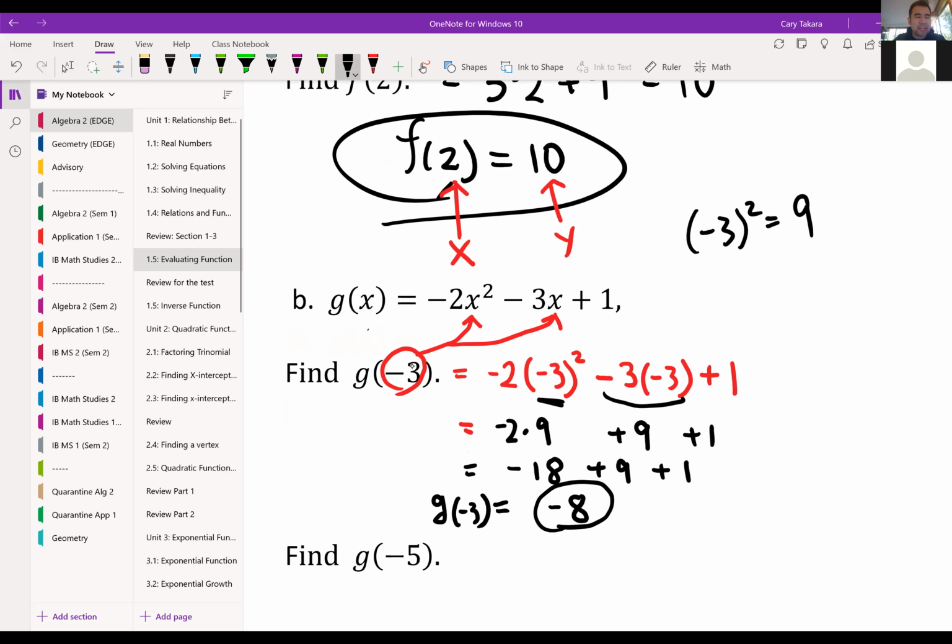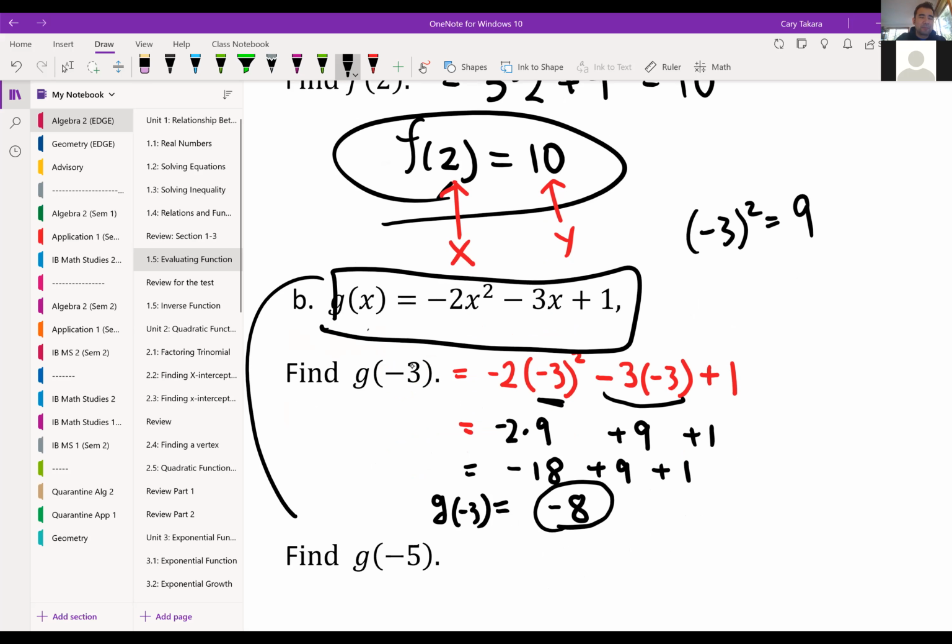Why don't you try g of -5? Still the same function, right here. So why don't you try that? One minute. And would you share your answer in the chat? What's g of -5? Again, it simply means you're going to insert -5 into the function for the x value. What will be the output? Y value.